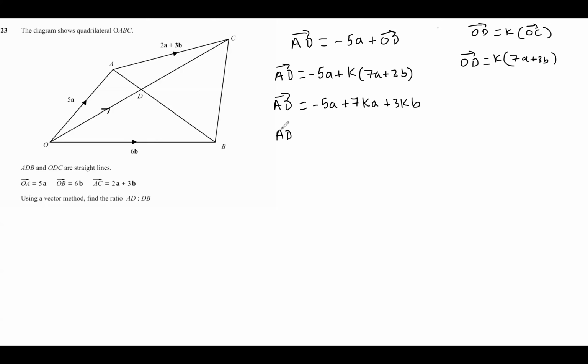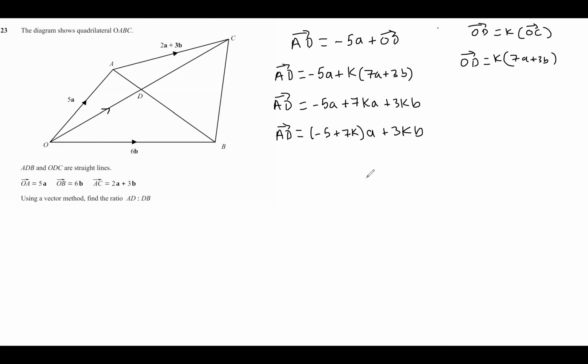So AD is going to be equal to, and we can have minus 5 plus 7k inside the brackets. Usually you would put the a on the outside on the left-hand side, but in this case, we can put it on the right-hand side of the bracket. So we can see the coefficient of a is minus 5 plus 7k, and then plus the 3kb.